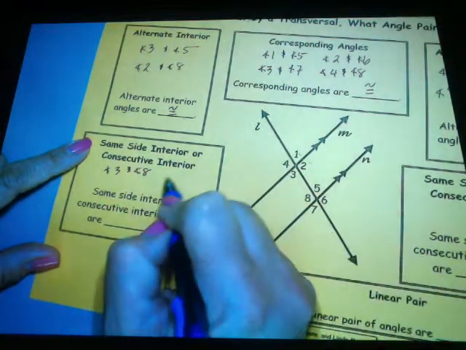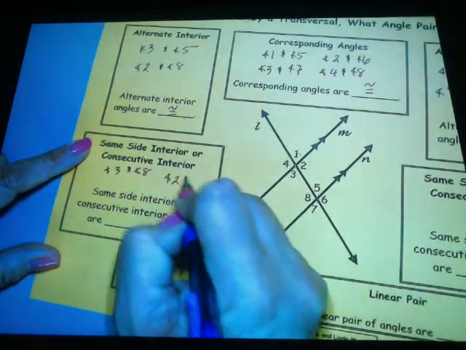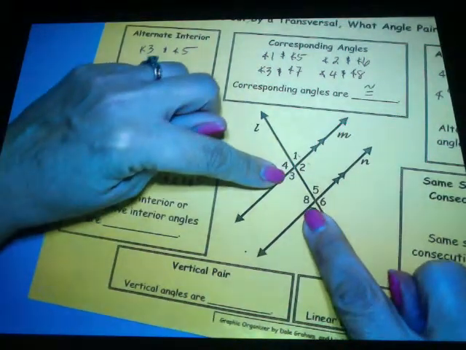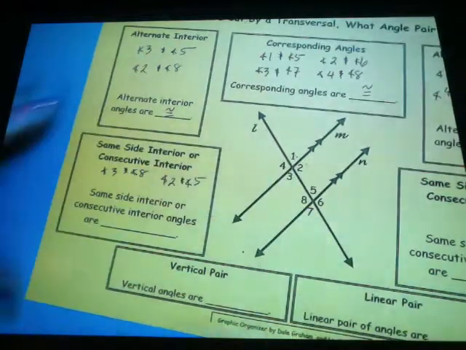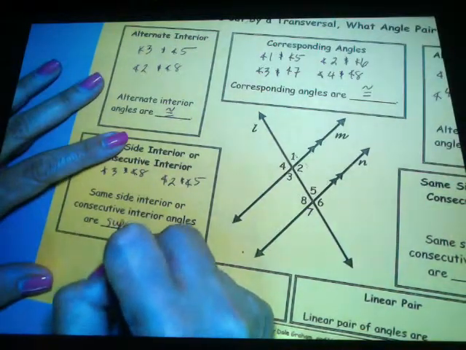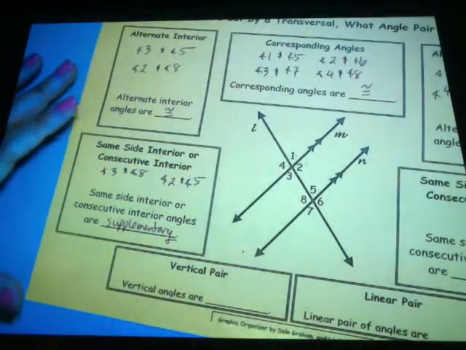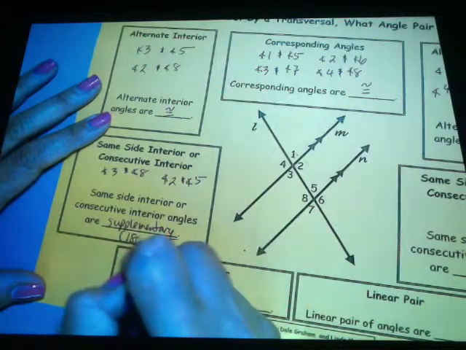And then angle 2 and 5. So look at 3 and 8. Are they congruent or supplementary? Supplementary. What does supplementary mean? They add up to 180 degrees.